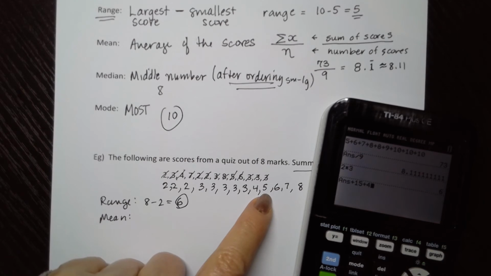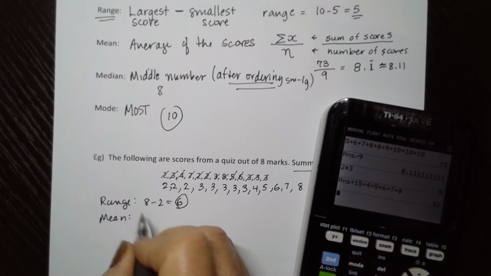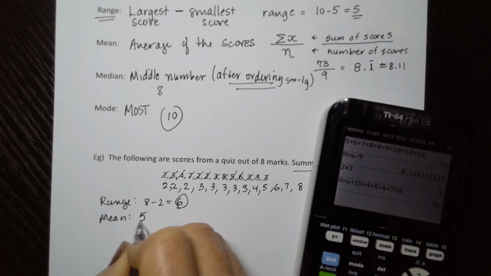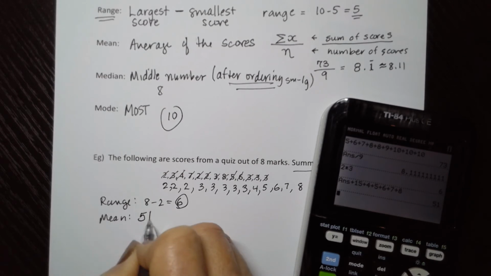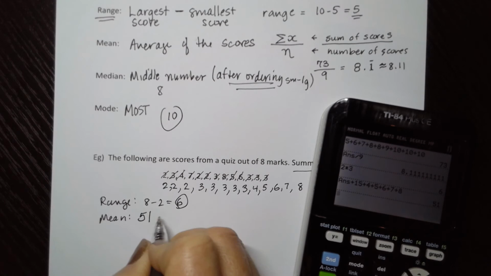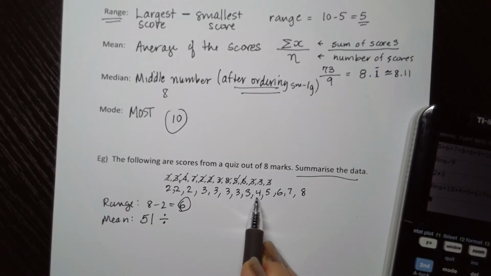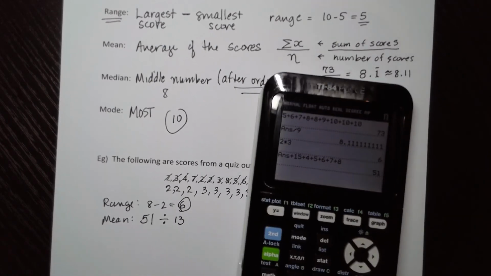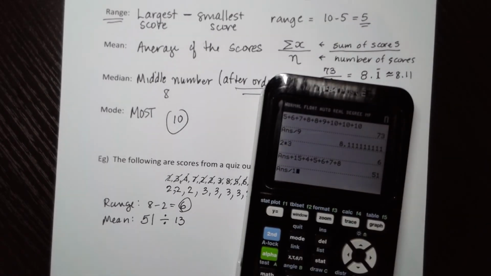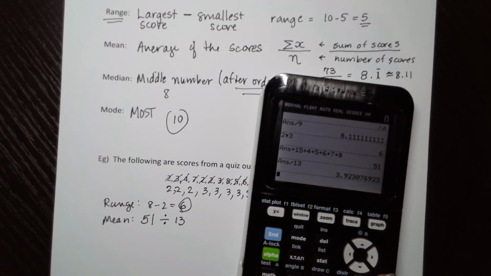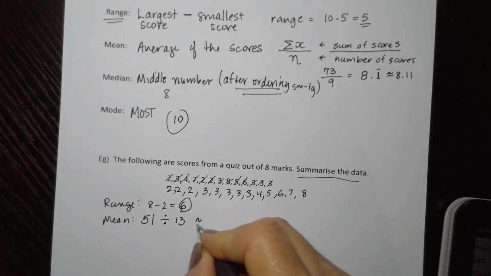Plus the 4, plus the 5, plus the 6, plus the 7, plus the 8. And I'm going to divide that either like this or with a fraction. There are 13 scores. And 51 divided by 13 is 3.92, approximately.